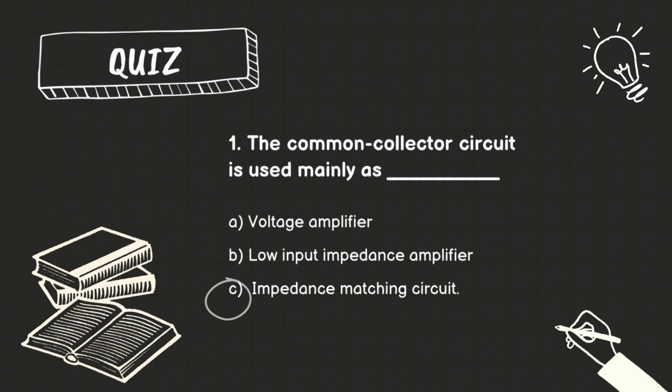Let's answer the quiz. Question 1. The common collector circuit is used mainly as an impedance matching circuit. It is because of high input impedance but low output impedance. Also, the voltage gain is about 1, making it unsuitable as a voltage amplifier but excellent for impedance matching.